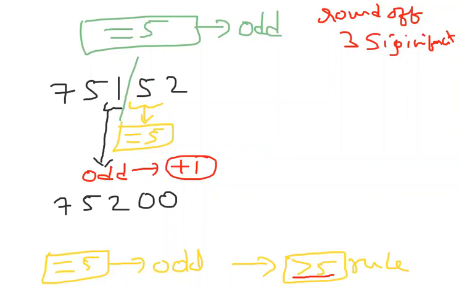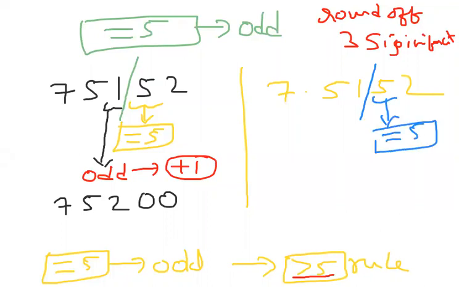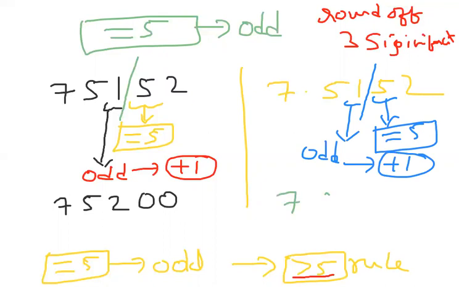For example, they have given the question as 7.5152. Here also, after 3 significant figures, the number is equal to 5. The immediate before number I observe is odd, so I have to add plus 1. Here I write 7.52, and you must not put zeros.